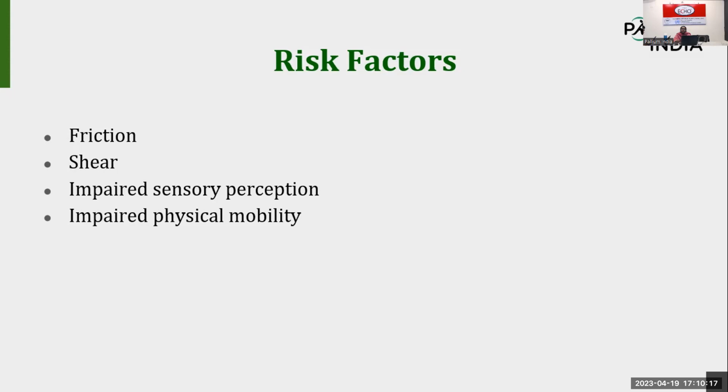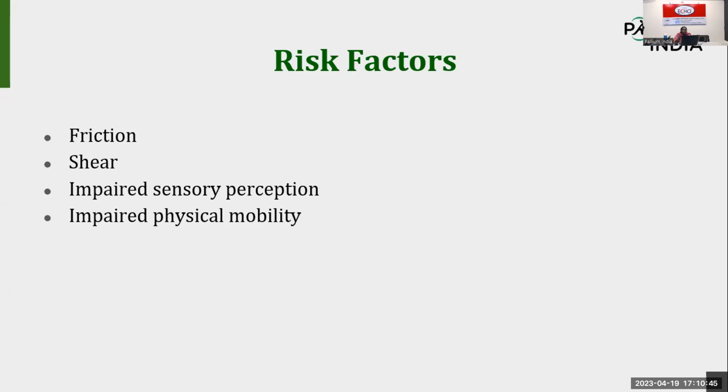And the next thing is inward sensory perception and inward physical mobility. So you can imagine a paraplegic patient. They are not able to sense the lower part of the body. Even if they want to change position, to turn from supine position to side lying position, they can't, because they are not able to lift their lower limbs.